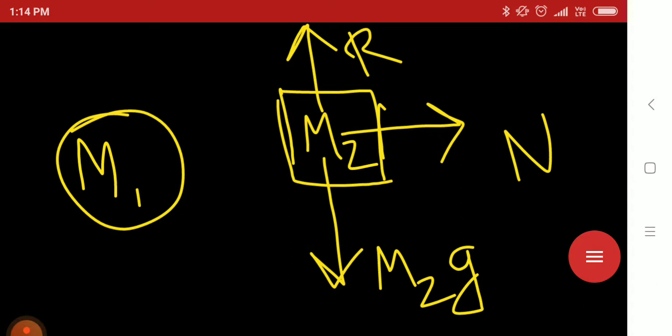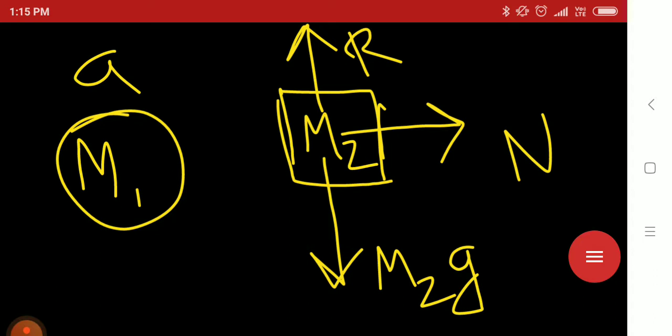Observe that the only force acting on this combined system, M1 and M2, is the force F. And after the force, the two bodies move with a common acceleration. Let it be A.